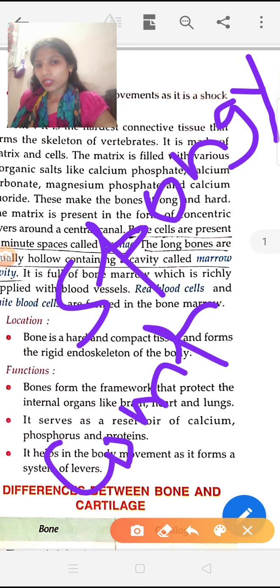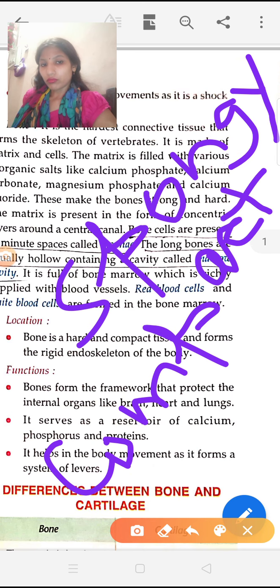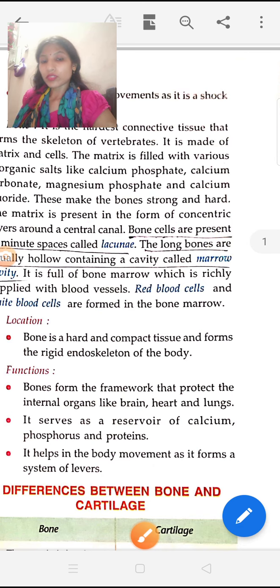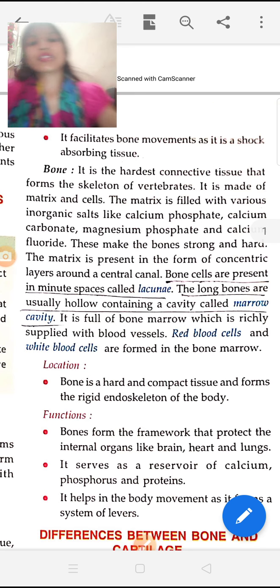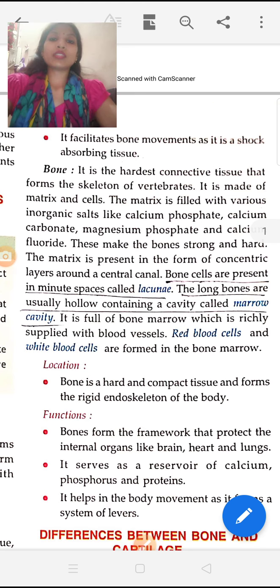It is not given in your syllabus, so I just explain whatever is given in your syllabus. Bones have a number of cells like the osteoblasts and osteocytes. These are the main cells of bones. If we talk about the matrix of bones, it has two main things.